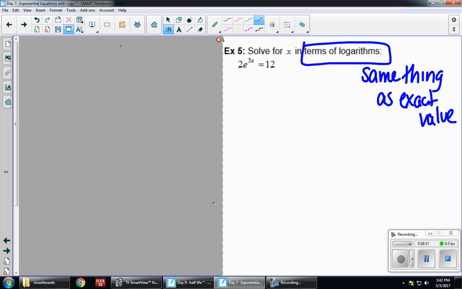So I'm going to divide both sides by 2. So e to the 3x equals 6. Now keep the base and switch to turn it into a log. So remember, with e as your base, your log is really the natural log. So the natural log of 6 is equal to 3x.